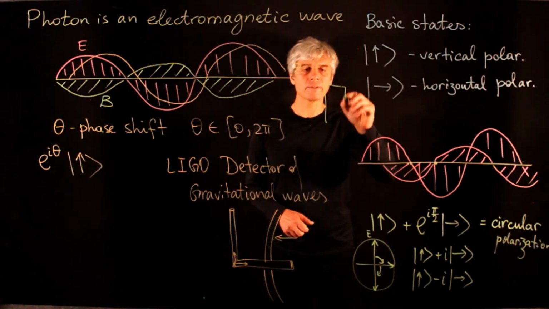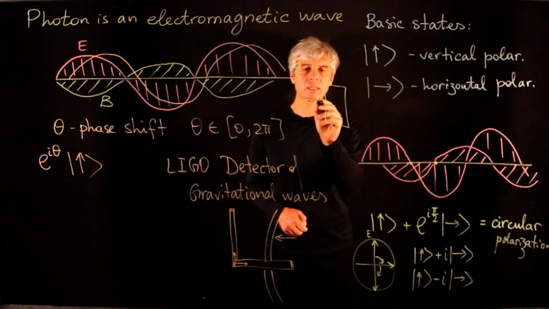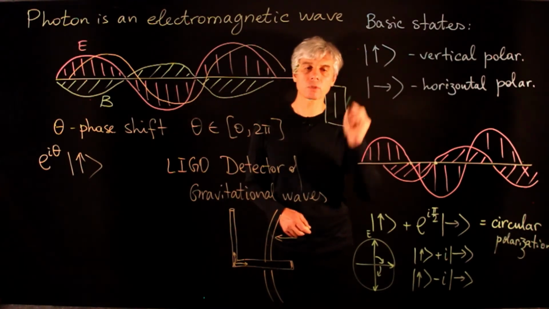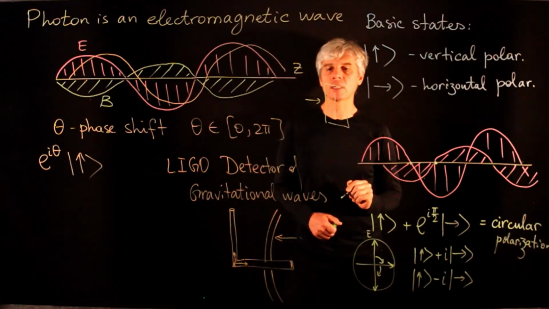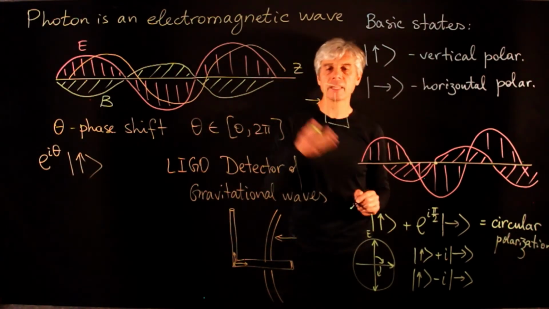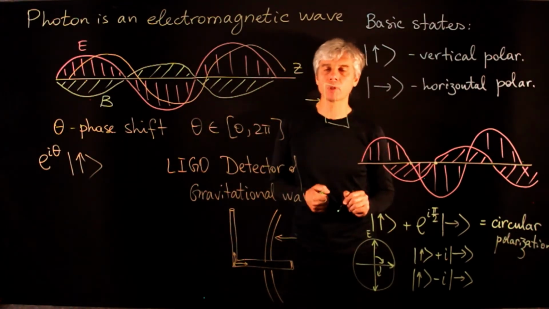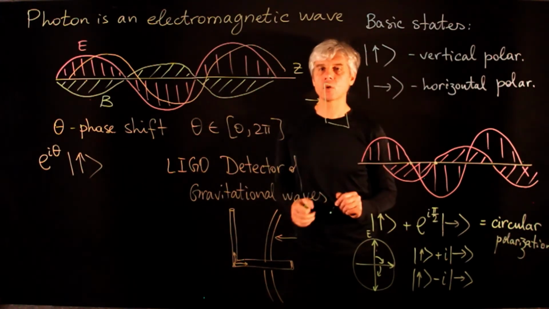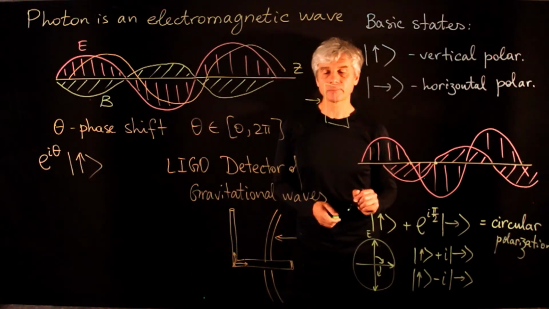You could have a filter that corresponds, say, to vertical polarization, and this filter will let vertically polarized light pass through it, and it will block horizontally polarized light.